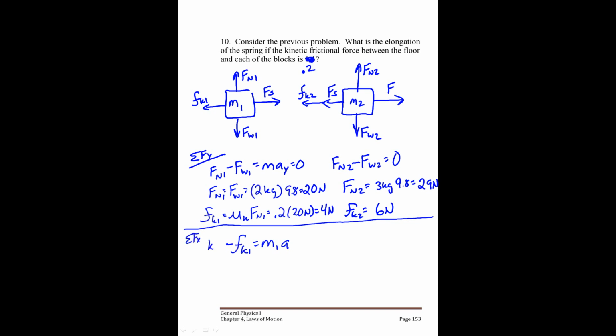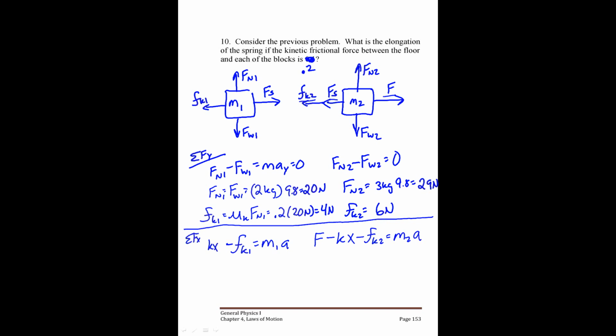So Kx minus Fk1 equals m1a1. And then similarly over here, for the right block, I have F minus Fs minus Fk2. F minus Fs, which is just Kx, minus Fk2 is equal to m2 times the acceleration.